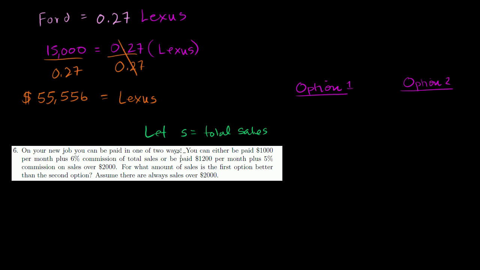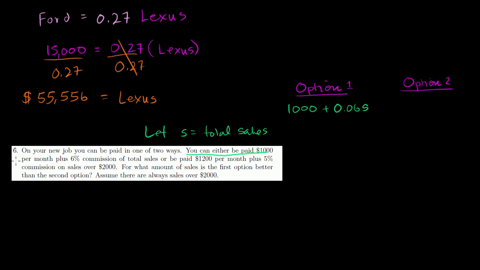Your first option, you'll be paid $1,000 per month plus 6% commission of total sales. So on a monthly basis, you'll be paid $1,000 plus 6% times your total sales. That's option 1.